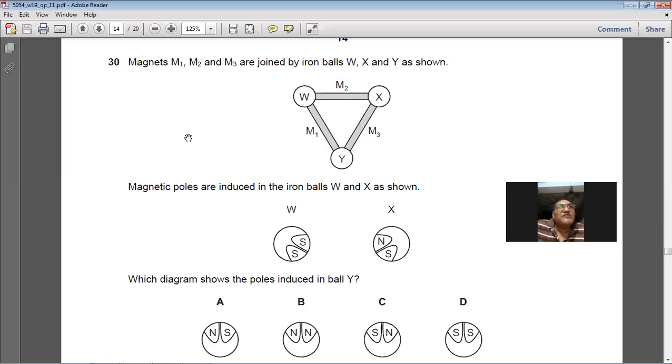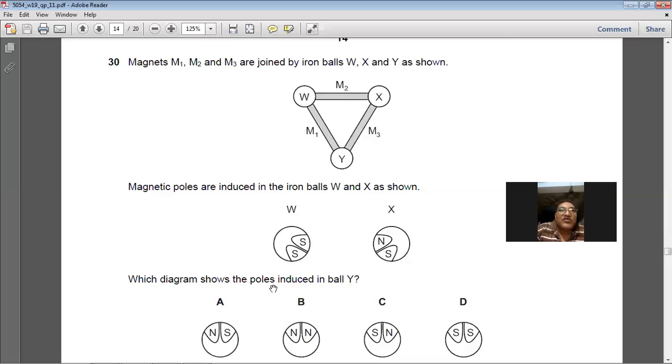Magnets M1, M2, and M3 are joined by iron balls W, X, and Y as shown. So these are the magnets, okay? Magnetic poles are induced on the iron balls W and X as shown. So here we have south and south, and here we have north and south.